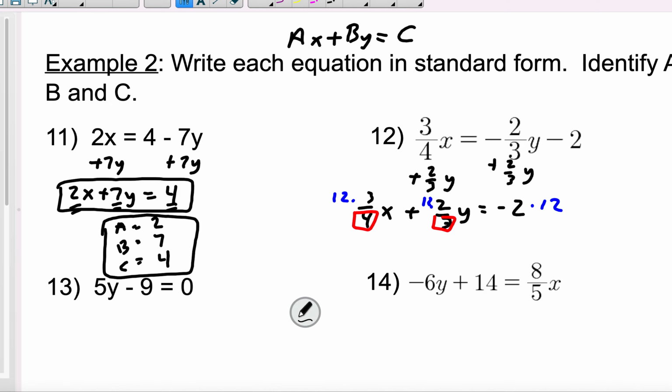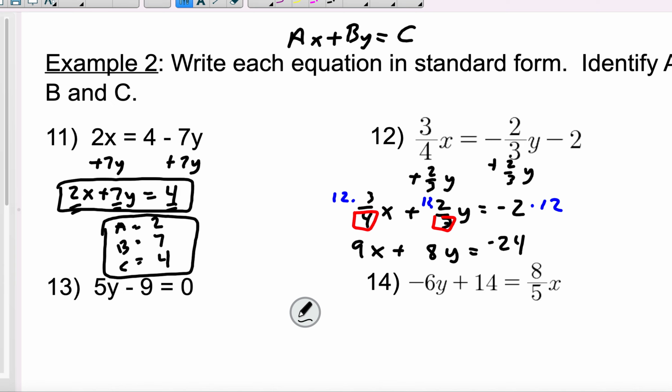fraction there. So then 12 times 3 is 36, divided by 4 there is 9. 12 times 2 there is 24, divided by 3 there is 8. And -2 times 12 there is -24. All right, so now check the conditions because now it's in AX plus BY equals C form.